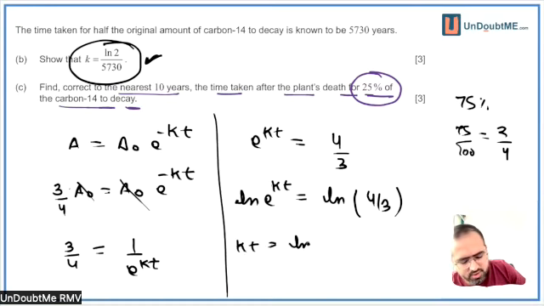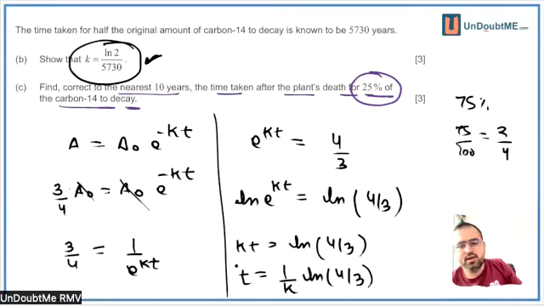Kt is equal to ln 4 by 3. Till now, I haven't put the value of k. Now I'll be putting the value of k, which is ln 2 by 5730. T is equal to 1 by k times ln 4 by 3. Use the exact values from your calculator to get the most accurate answer.